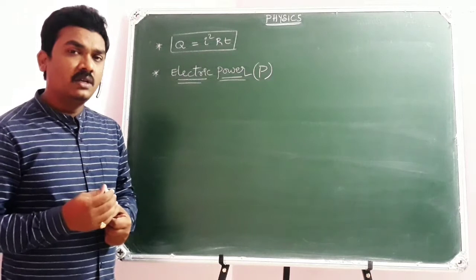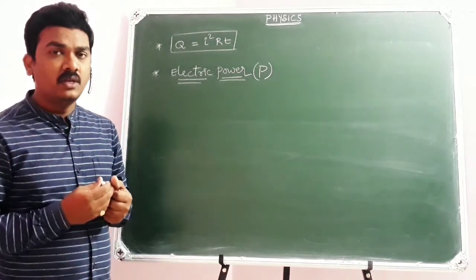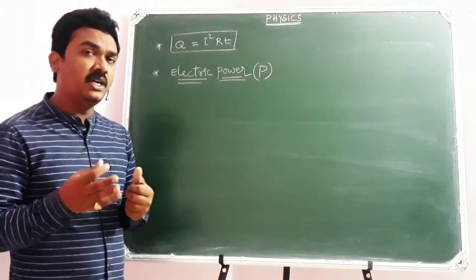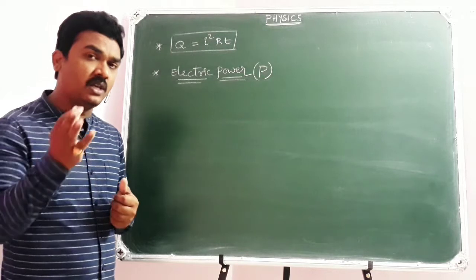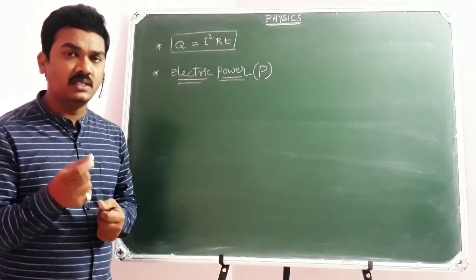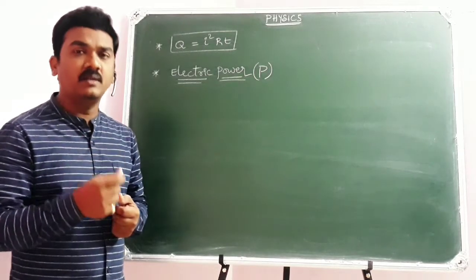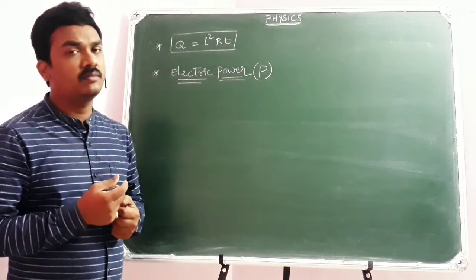See, while dealing with the concept of electric power, it will be defined in a different way for the source of electric current and for the appliance of electric current. For example, you take a cell or a battery, these are all sources of electric current.